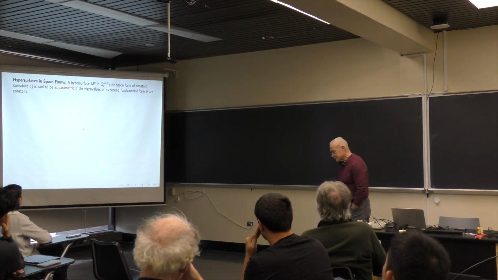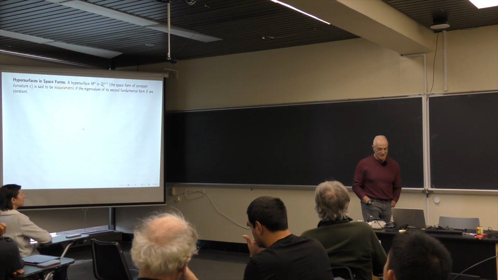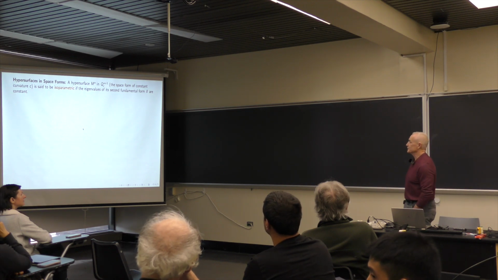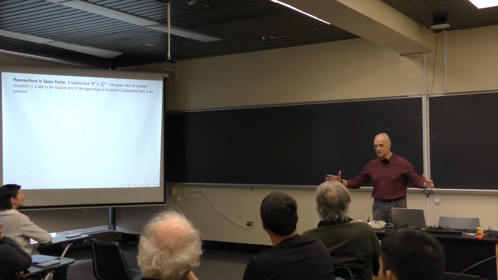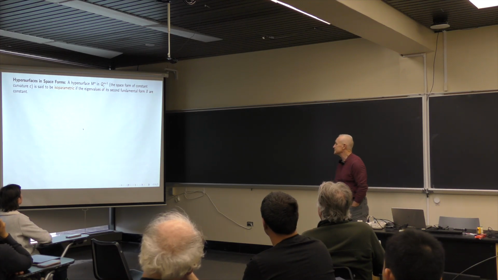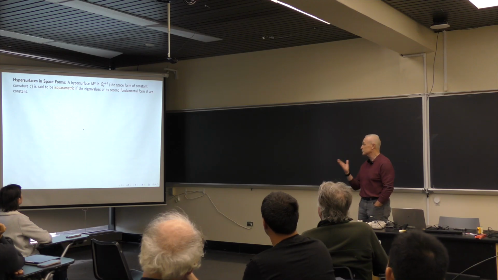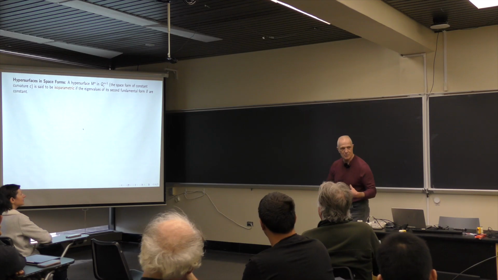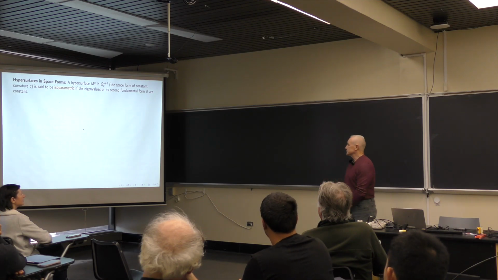Just like Gauss started with surfaces in 3-space, a natural place to start in understanding these things is to look at hypersurfaces in a space of constant curvature. This Q^(n+1)_c is the space form of constant curvature. When c is plus 1, this is just the sphere. When it's minus 1, it's hyperbolic space, and so on.